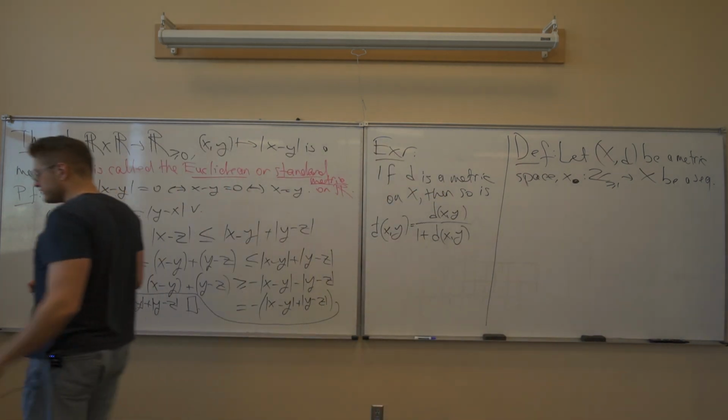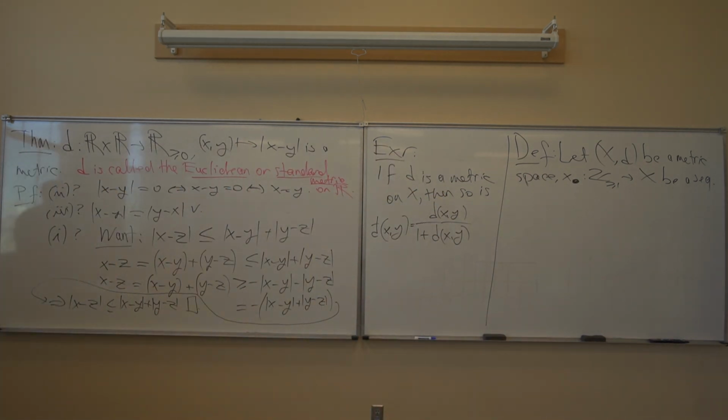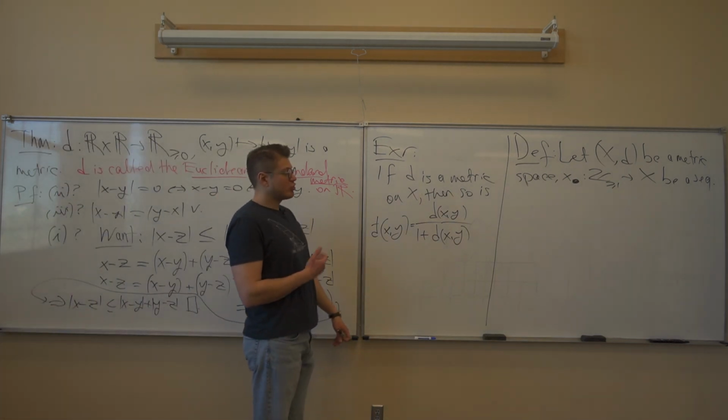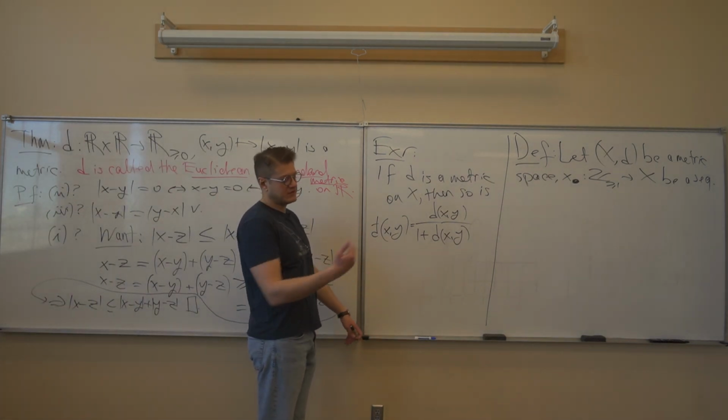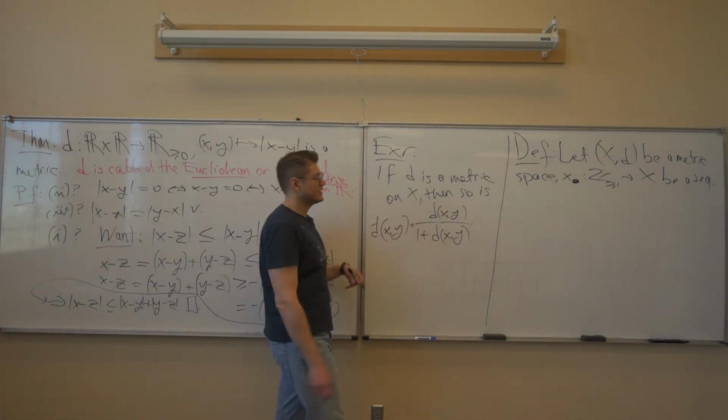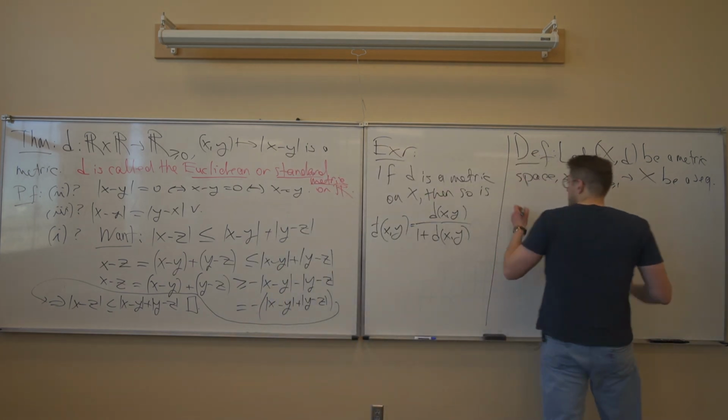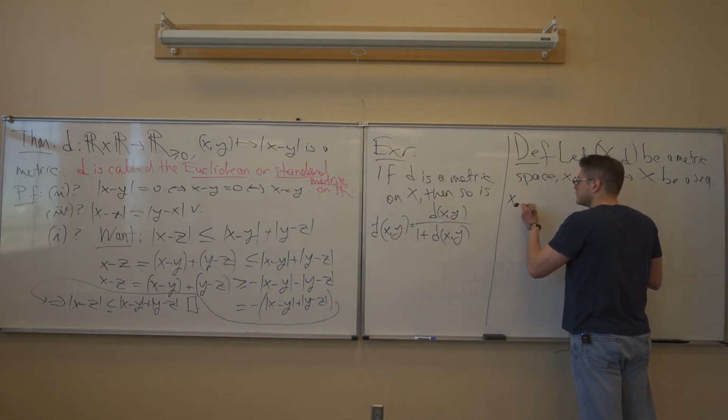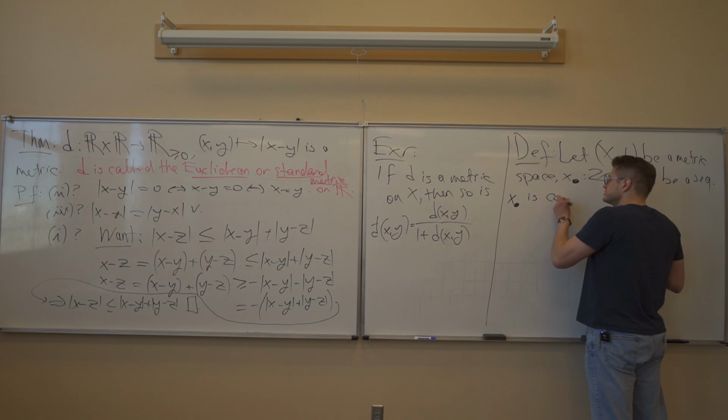Let me just write down the definition, and then maybe we can discuss some intuition. I'm going to call x bullet convergent if it has a limit. Now I need to formalize that idea.